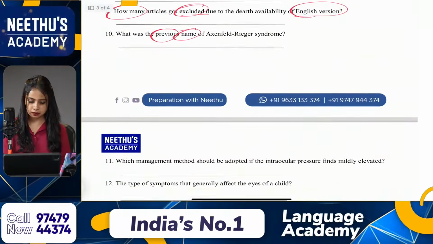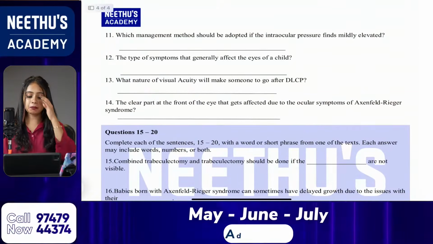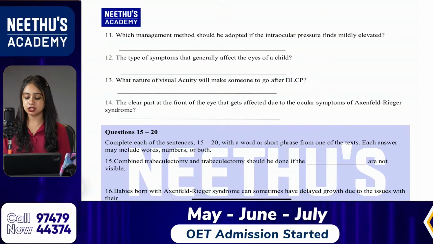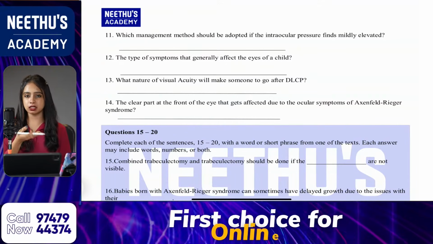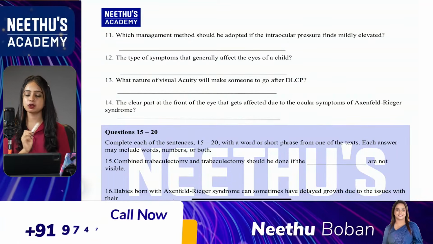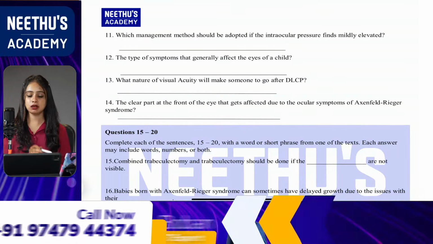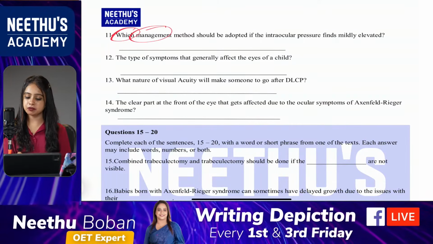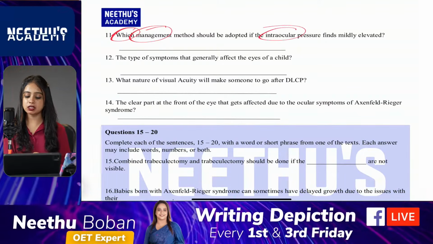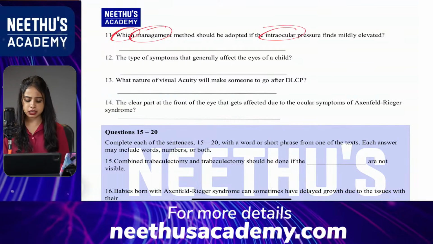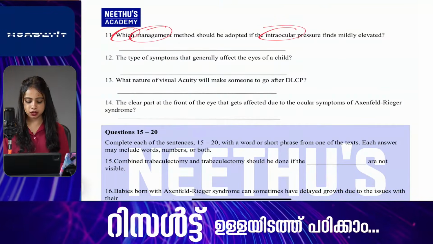Then 11th one. Which management method should be adopted if the intraocular pressure is found mildly elevated, increased? Okay, so which management? See, they need the name of the procedure. So my keywords, which management, intraocular. Okay, so what is the correct answer here? 11th one.